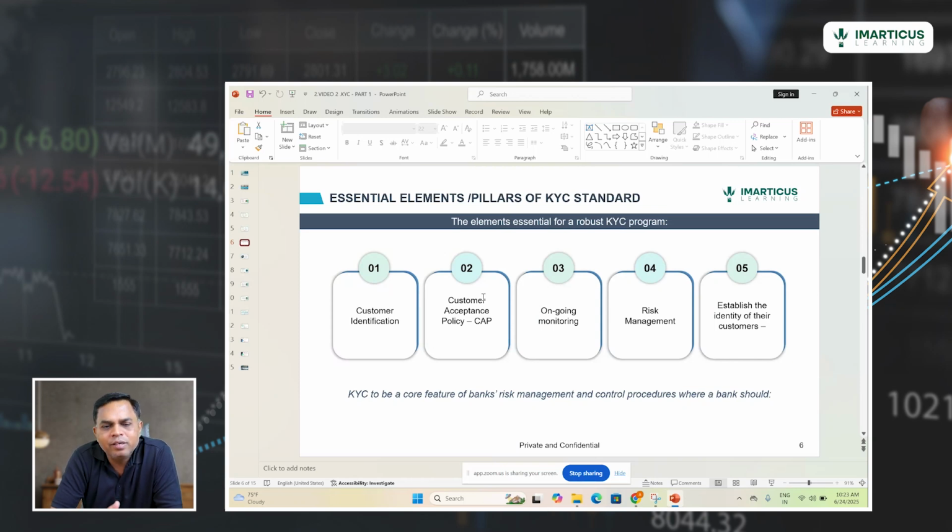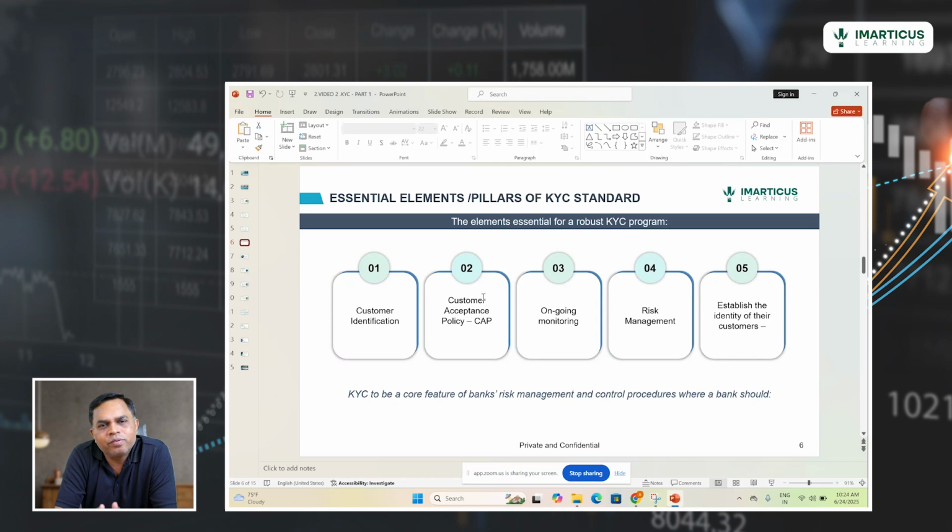When I say identified, the customer is identified by name, by profession, by the business activities they are carrying on, by their geographic location, etc. So the first pillar of KYC is the customer identification process, where the bank collects various documents, and through the documents they try to verify who the client is and what the source of funds they are getting is.